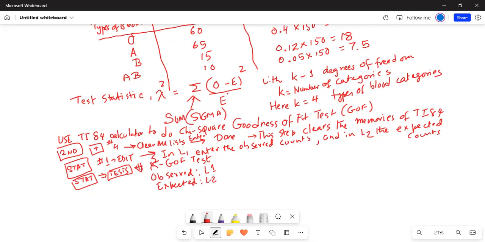Degrees of freedom is what you have to take into account. That's what you have to remember. Here the degrees of freedom is 4 minus 1, which is 3, since 4 is the number of blood types. That's what you need to type in: degrees of freedom is 3. Then we scroll down to calculate.